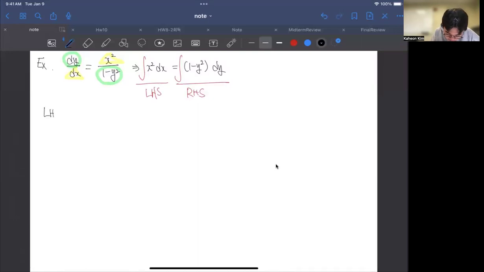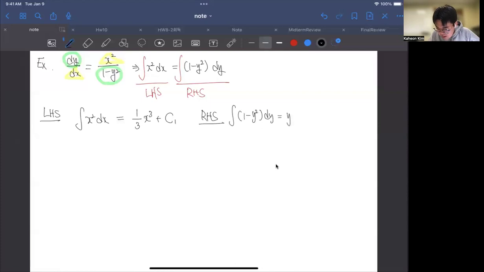The left hand side would be the integral of x squared dx, which equals x cubed over 3 plus c1, and it's from basic calculus. And let's calculate the integral of the right hand side. It will be y minus y cubed, with the coefficient 1 over 3.